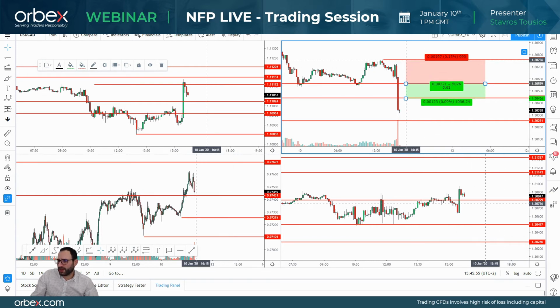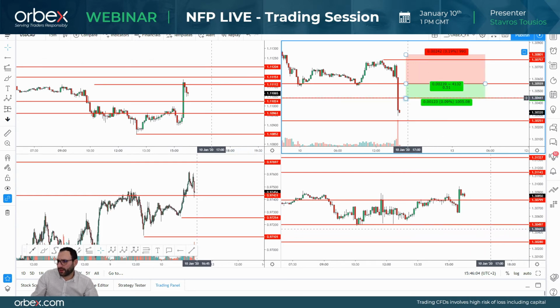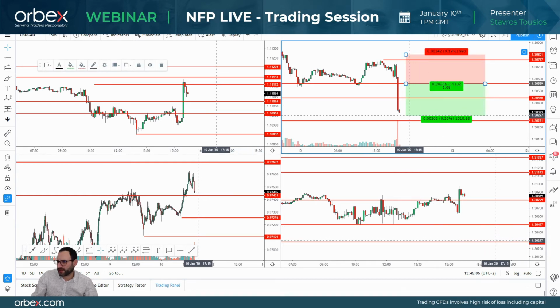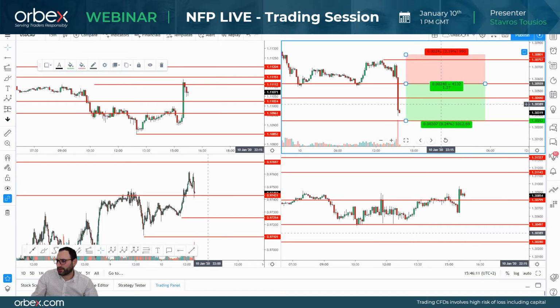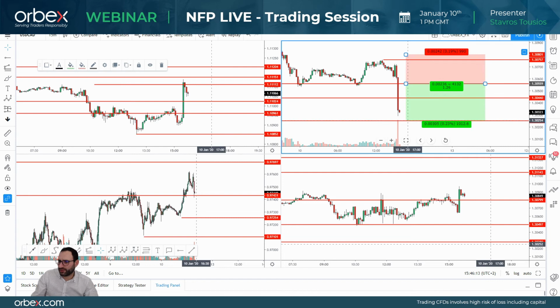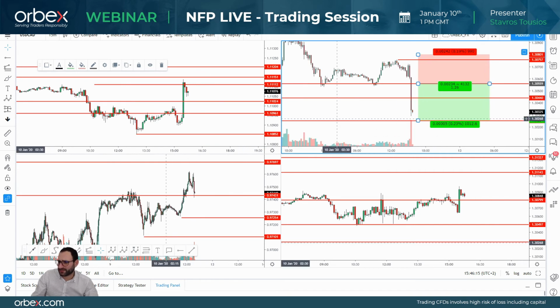Stop loss would be, this is 76, so let's go a little bit higher, to the 800s. First target would be here, second target is here. So we are talking about a 1.27 risk to reward ratio, which isn't bad.